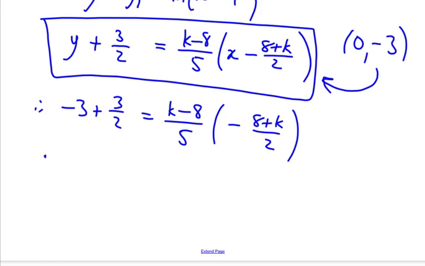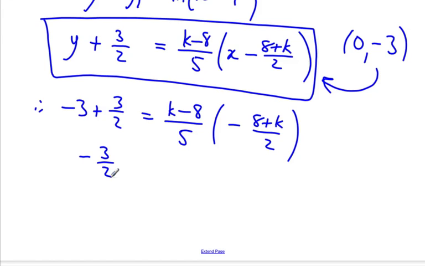As I say, I would suggest this is as hard as it gets for excellence, but it's relatively consistent. Excellence is always similar to this, all those shortest distance questions. So what we've got to do is solve this thing here. And what's -3 plus 1.5? Minus 1.5. So let's just simplify this for starters. Minus 1.5.